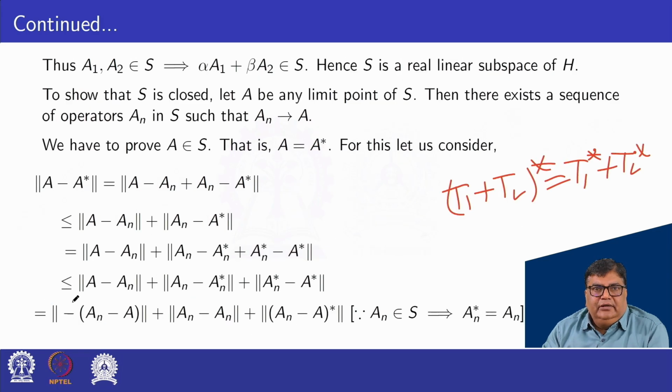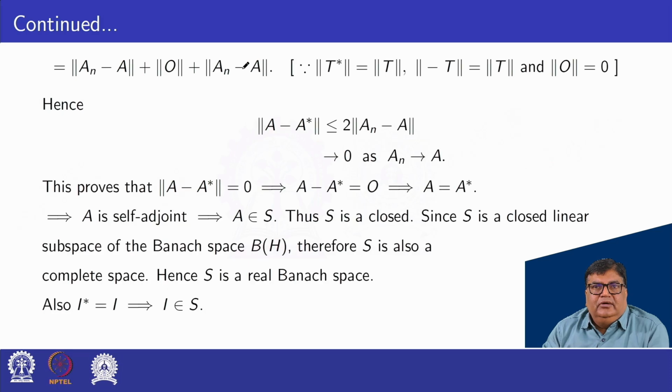So here this can be written as mod minus 1 into norm An minus A plus norm An minus An, and this one norm An minus A. Why?